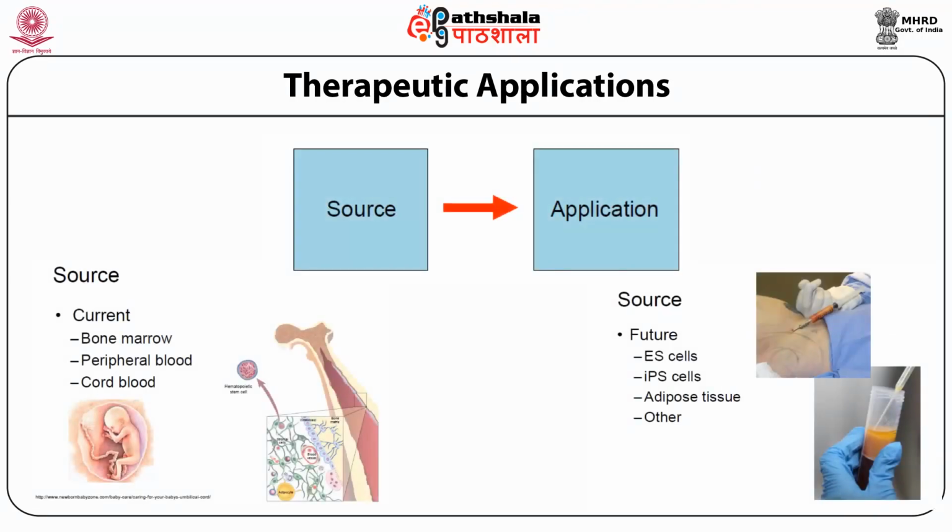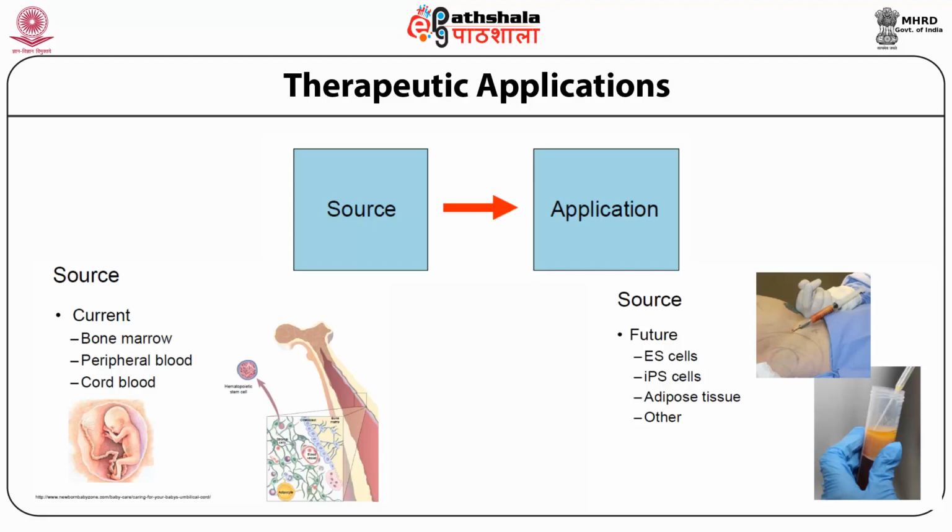So now, after knowing the different types of stem cells, look at the therapeutic application of these stem cells in different kinds of disease. As I already mentioned, it depends on the source of the stem cells from where these are isolated. Their application actually varies. If you look at the source, bone marrow, peripheral blood, cord blood are the sources which are currently being utilized, whereas there are some sources which will be utilized in future based on the investigation being carried out at different levels.